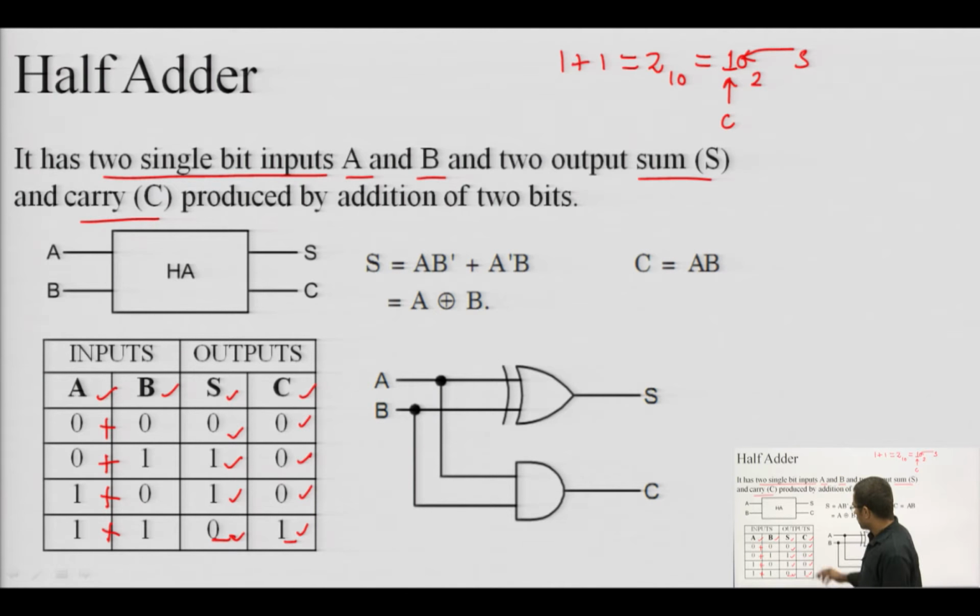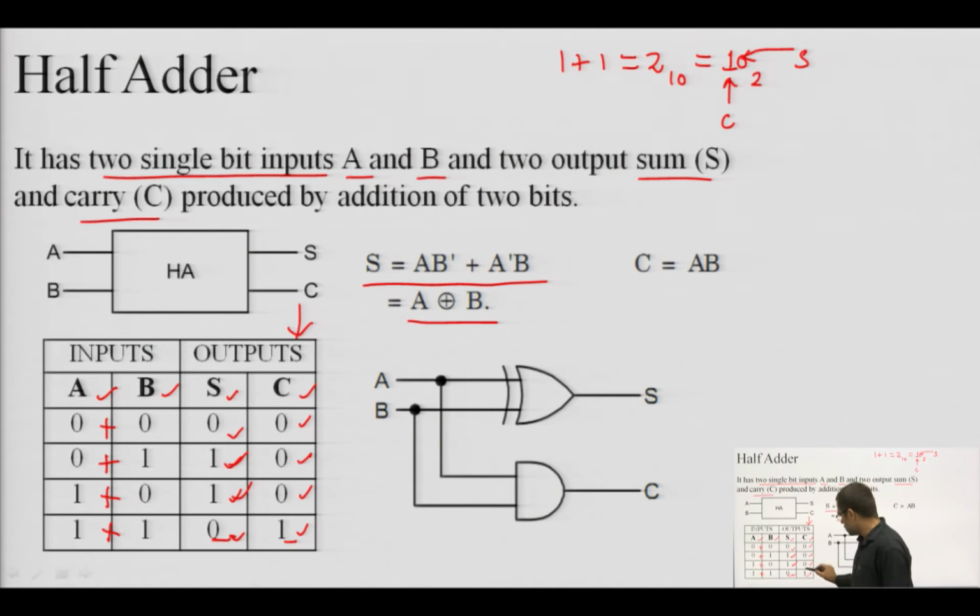Now, let us compute the expressions for sum and carry. Sum is having these two ones here, and we can clearly see that this column of S resembles the truth table of an XOR gate. That is why we have written that sum is equal to A B bar plus A bar B, which is the XOR of your inputs A and B. Similarly, we can check the C column for the expression of carry.